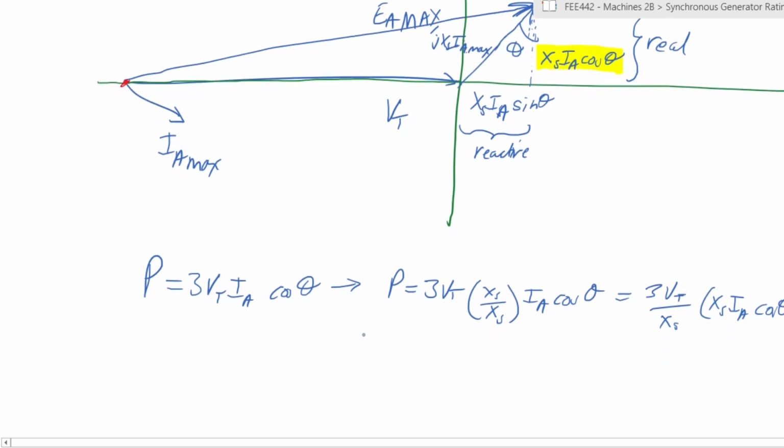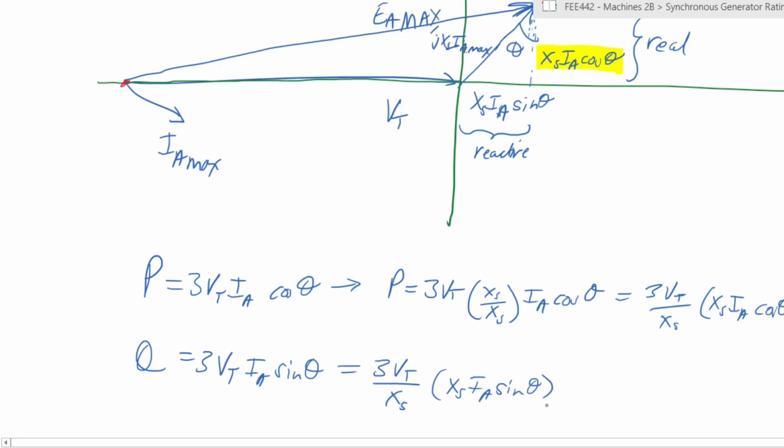Similarly, for Q, the reactive power, you will have 3 VT IA sine theta. With the same conversion, it will be 3 VT over XS times XS IA sine theta, which in our diagram is represented here.